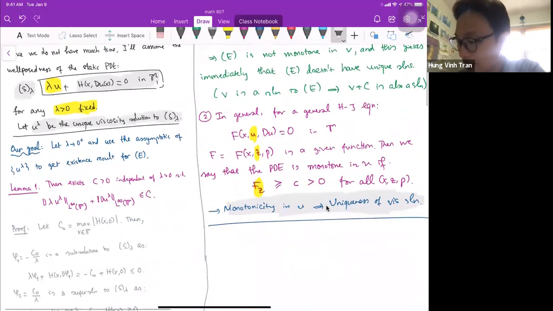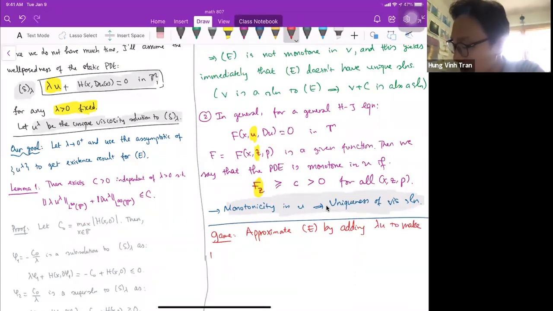So the gist is to approximate E by adding lambda u to make the PDE monotone, so it has a unique solution u lambda. So you would have lambda u lambda plus h of x du lambda equals 0 in a torus.